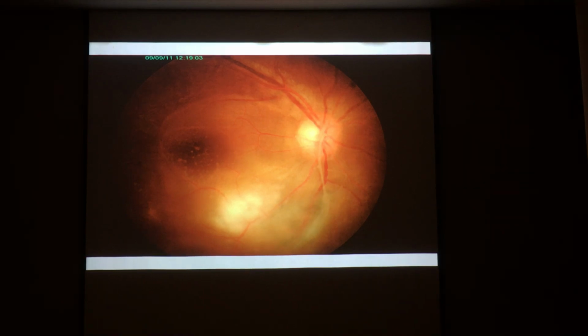Okay. Now, if you treated this patient with oral corticosteroids, not trying to tell the difference between retinitis and choroiditis, what do you expect to happen? Any guesses?